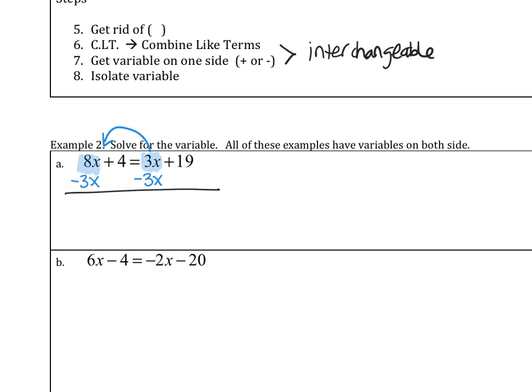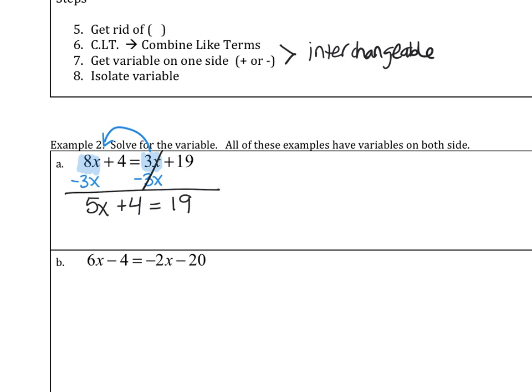So when I do that, I subtracted it from the right side, so it is actually gone on the right side of my equation. And when I combine like terms here, I have 8x minus 3x, which is 5x, still plus 4, equals 19 now.